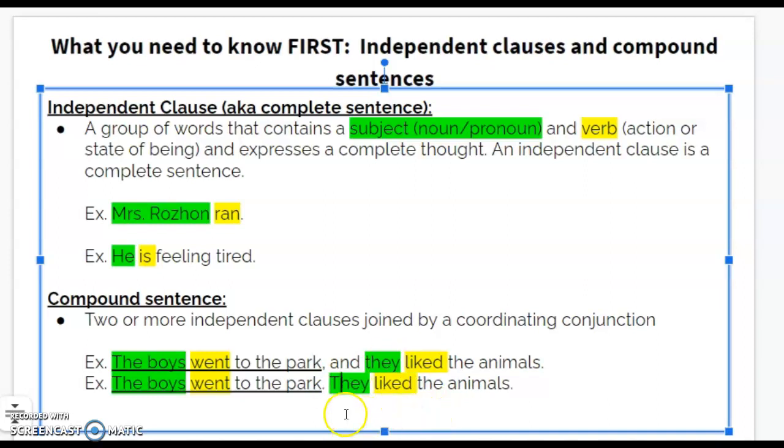They liked the animals. These two sentences are linked, so they relate to one another. I could put a comma here and add the and, right? Or my other option would be, because they are connected, to put a semicolon. We'll talk about semicolon rules again in case you're missing it, but it's just another option.